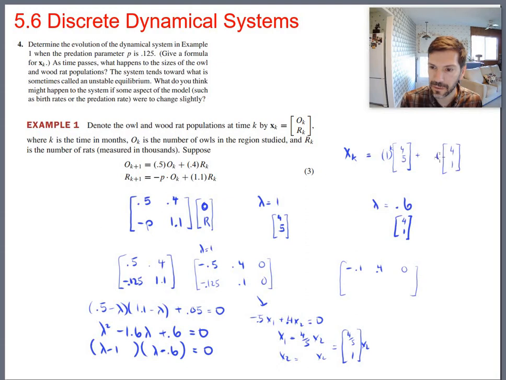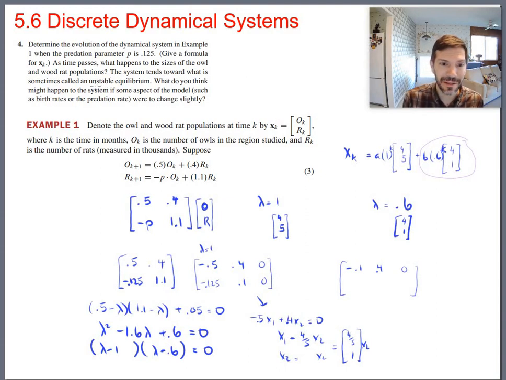That had an eigenvalue of 0.6, so 0.6 to the k. The only unknown here really is that starting value. So there's going to be some sort of a and b there that were the values we needed to create the starting O and R. But whatever those are, I can still tell that this term right here is going to go to 0, right? Because 0.6 to the k, that approaches 0, so that whole term drops out.